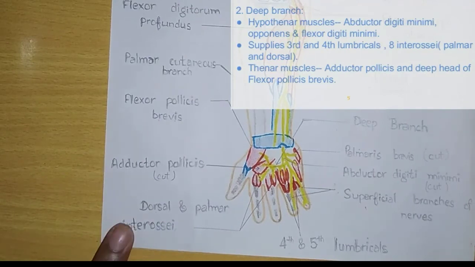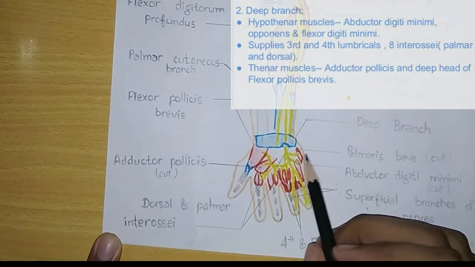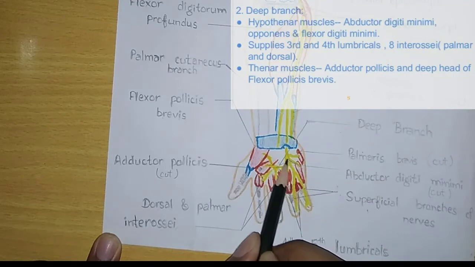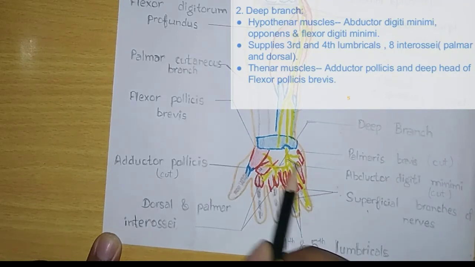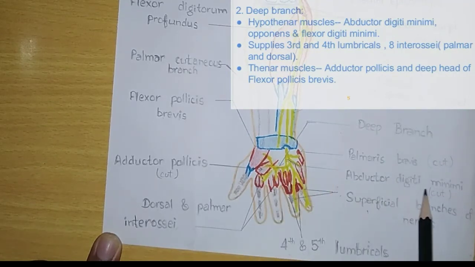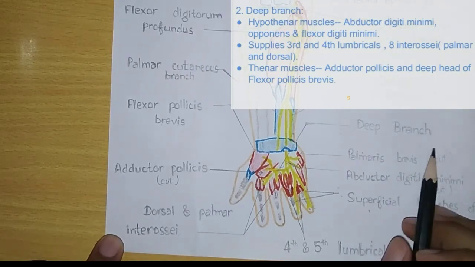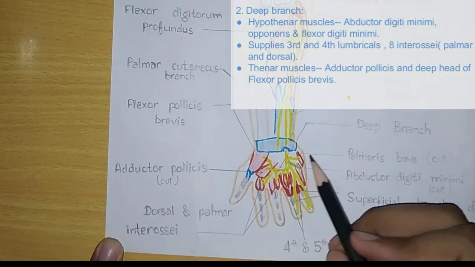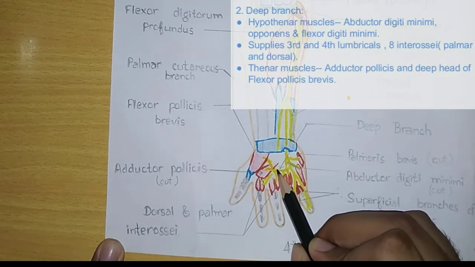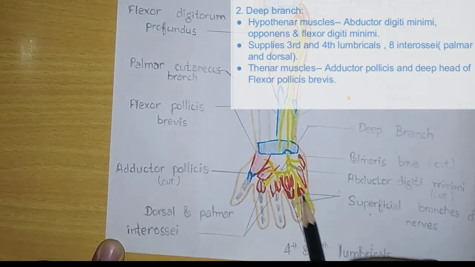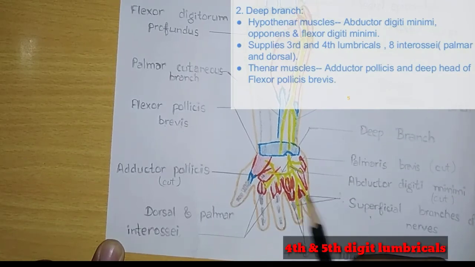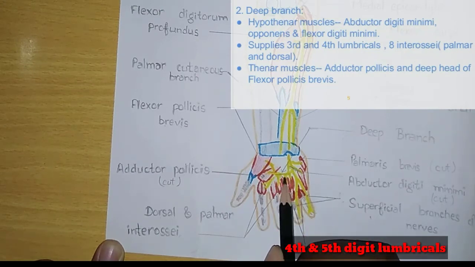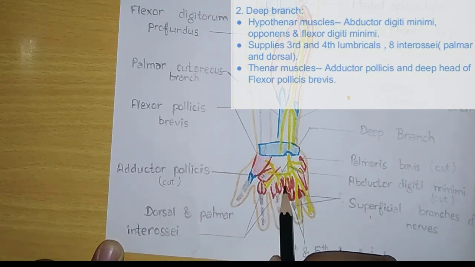And if we talk about the deep terminal branch, then first it gives motor supply to this muscle, that is abductor digiti minimi, and then it runs laterally along the deeper palmar arch, and it gives branches to the lumbricals of 4th and 5th digits, and then it runs laterally and gives branches to the dorsal and palmar interossei.